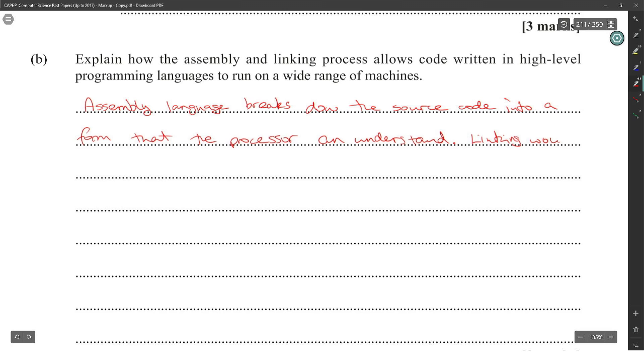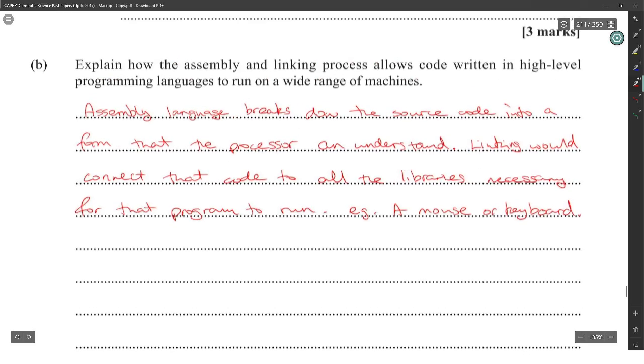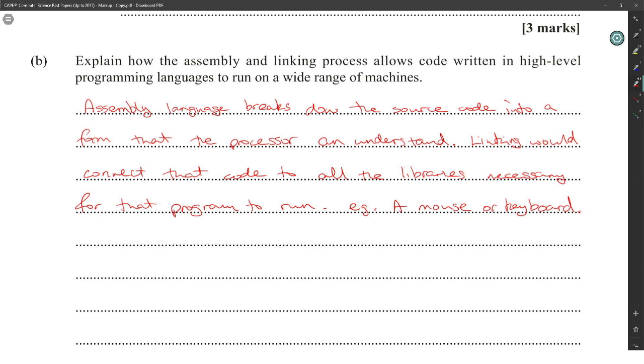Linking would connect that code to all the libraries necessary for that program to run. Example, a mouse or keyboard. Yep. Okay. Alright, so assembly language breaks down the source code into a form that the processor can understand. Linking connects the code to all the libraries necessary for the program to run. Example, a mouse or a keyboard would be linked to it.